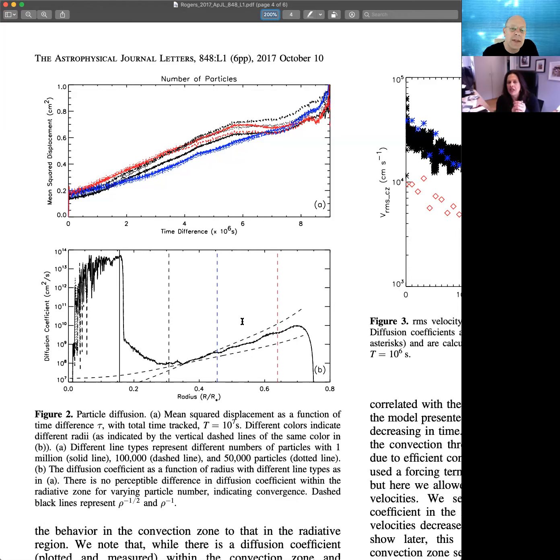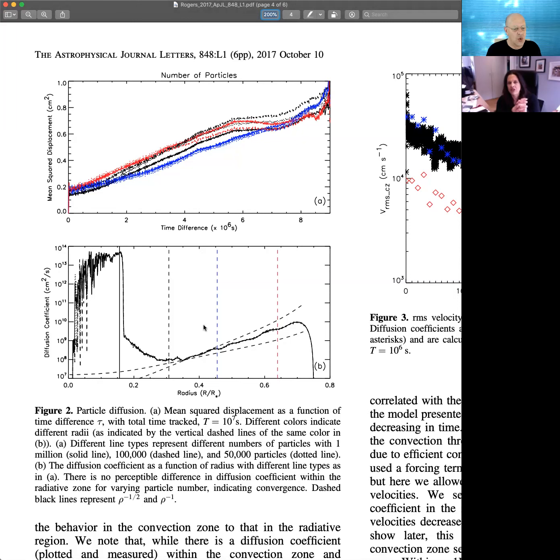Okay. But so then we say, for these time differences, which we have lots of data, it mostly behaves like diffusion. I should say that, those 3 different colors are 3 different radii within the radiation zone. If we plotted that mean squared displacement as a function of time in the convection zone, it would definitely not be a straight line.